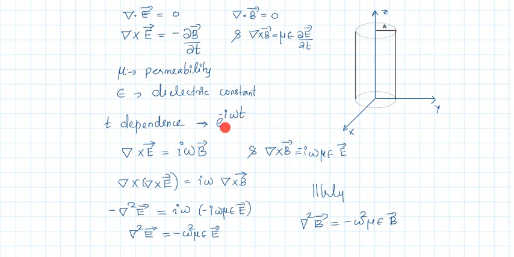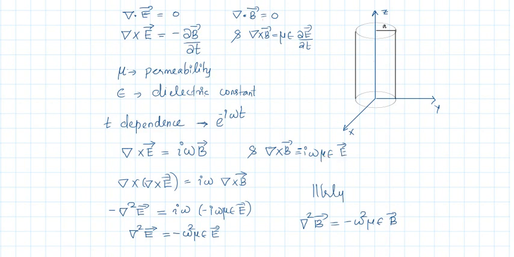If you take that assumption, then dou by dou t will get replaced with minus i omega, because the time derivative of exponential minus i omega t will give you a factor of minus i omega. So del cross E equal to minus dou B by dou t becomes del cross E equal to i omega B, and del cross B equal to mu epsilon dou E by dou t becomes del cross B equal to minus i omega mu epsilon E.